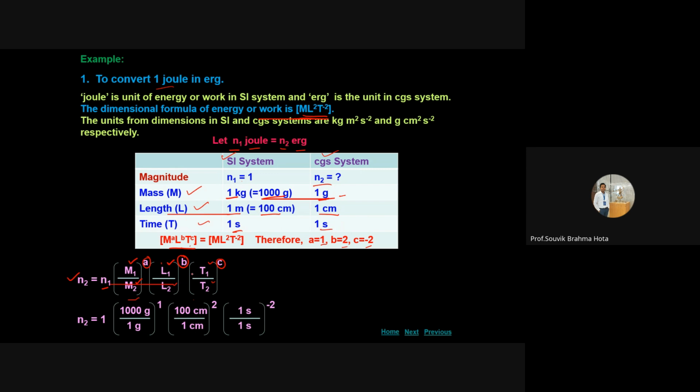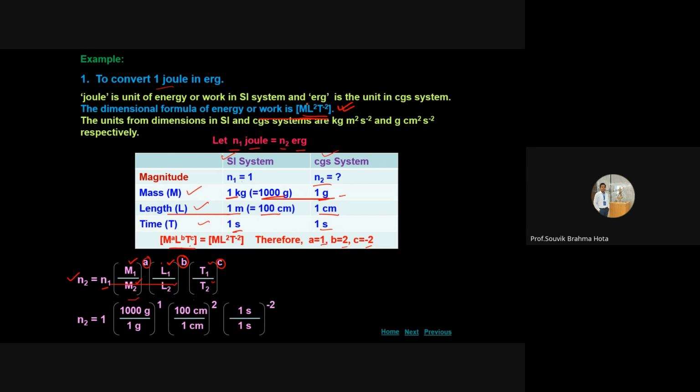And then how do you consider this a, b, c as 1, 2 and minus 2? With the help of the dimensional formula of work done or energy, because this is all joule, and it is either energy or work done.